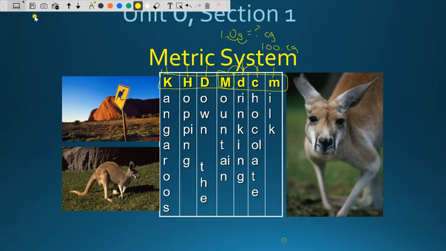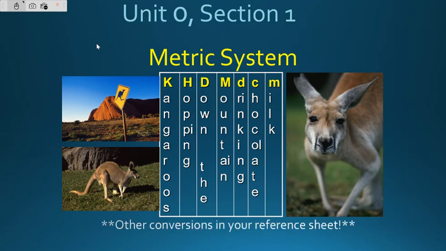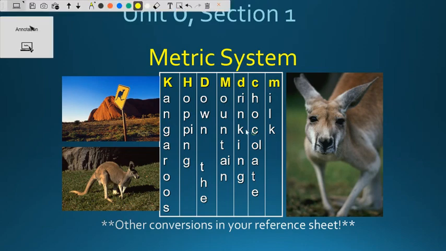Now, you do have a reference chart that was handed out the first day, and that will have other conversions along the way. Make sure you use those, because there are other conversions that we'll need to use that go beyond just this base of 7 different conversions here. For example, there's 2 spaces. I forget what the names of those things are, but we go from milli, a couple spaces, then we go down to micro.